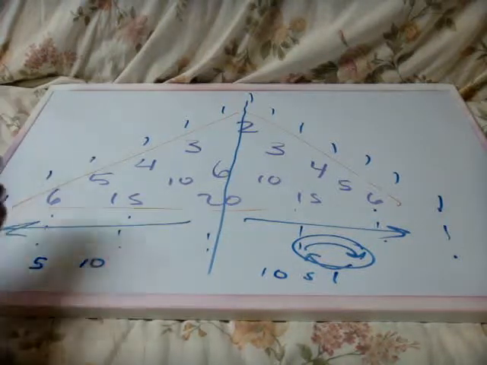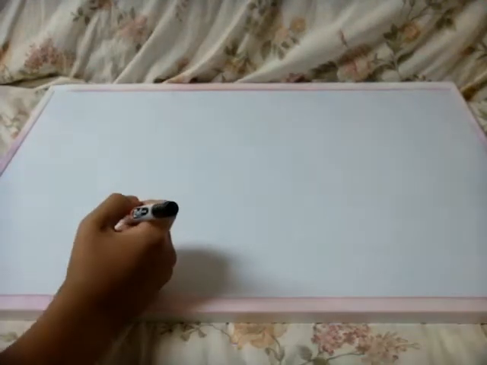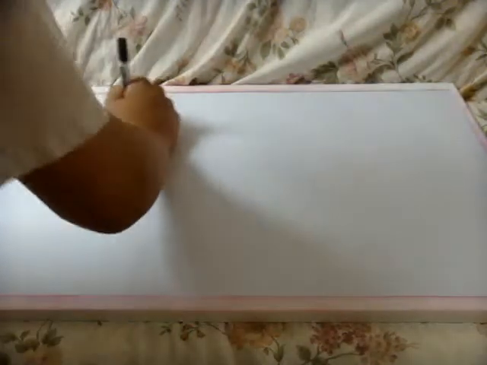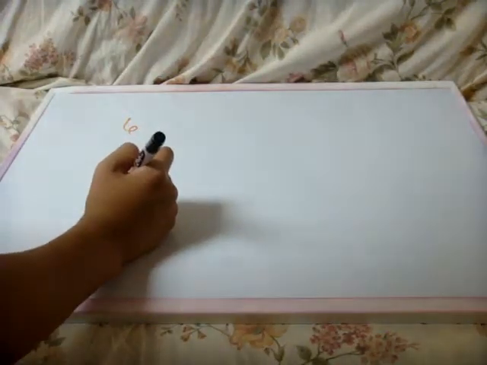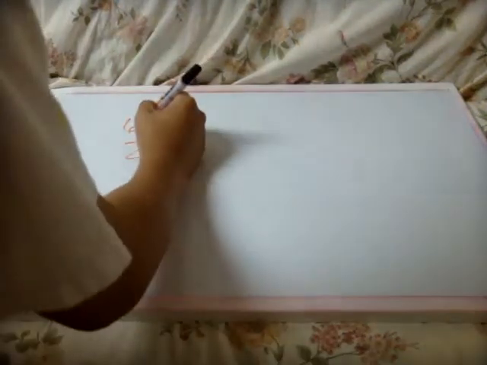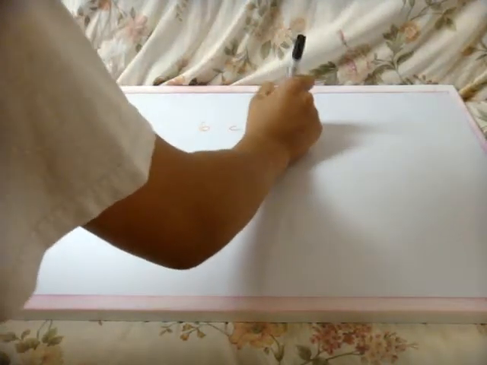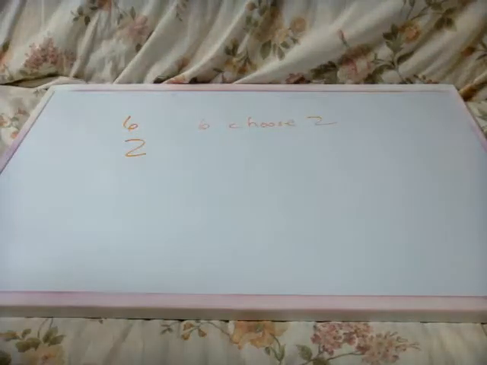So, you guys might be wondering why we even use Pascal's triangle. Well, one of the reasons is that you can solve combinations. For example, you have 6 bowling balls, and you want to put them in groups of 2 to package. So it's 6 bowling balls, choose 2. This can be solved using Pascal's triangle.